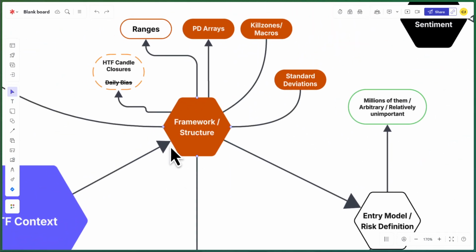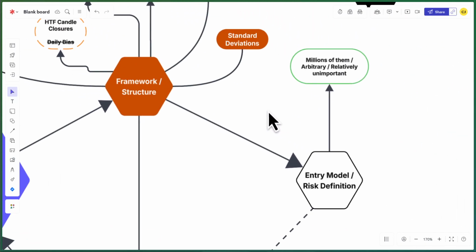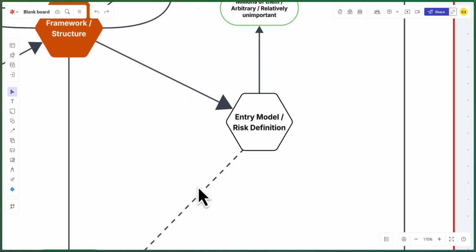The second most important is the framework slash structure. And then the least important and the last part of my trading checklist is the entry model. This is the last thing that I check off my trade bucket list.